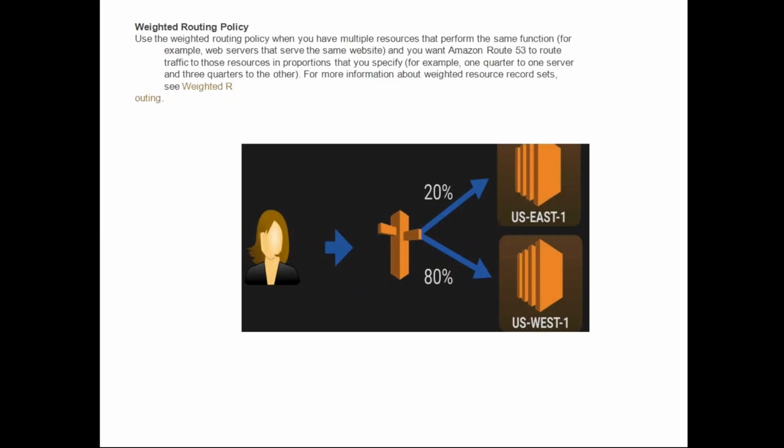You only need to route the traffic to various data centers according to your resources. So this is a weighted routing policy. You are defining the weight: where the traffic goes and how much.